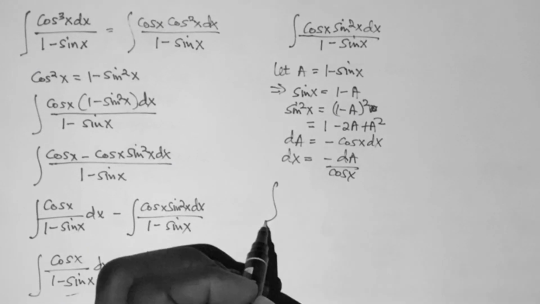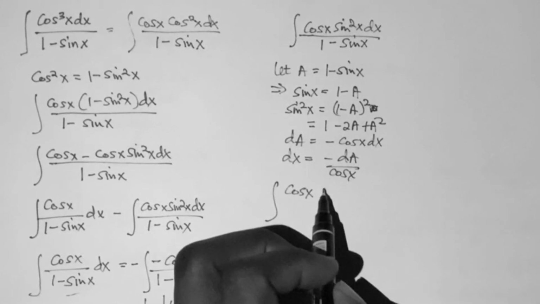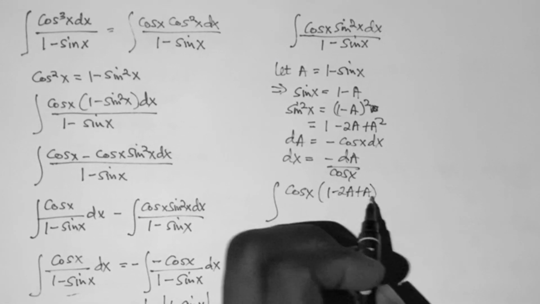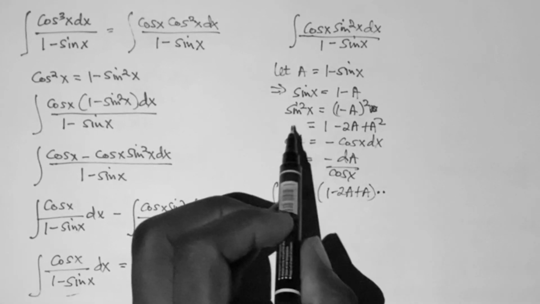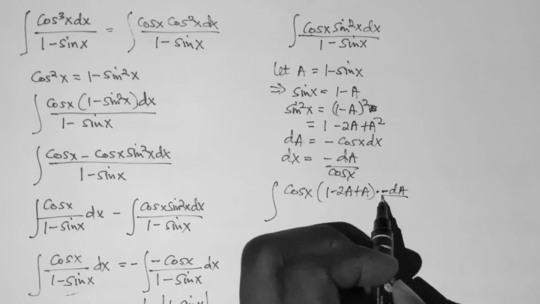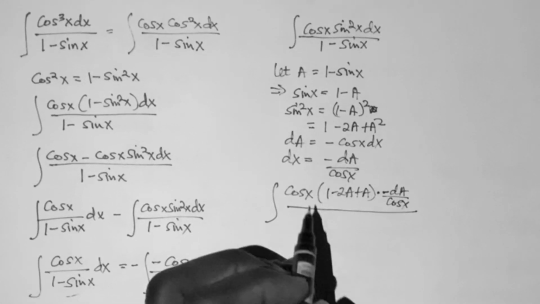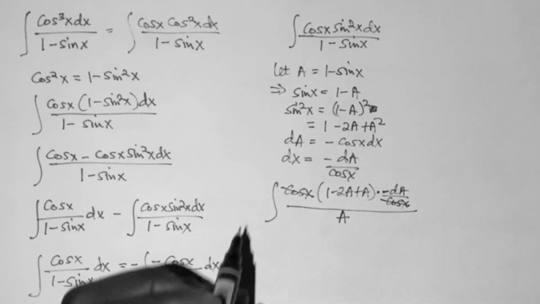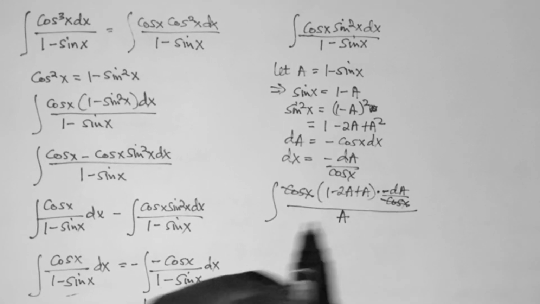So the integral becomes the integral of cos x, then sine squared x, which is 1 minus 2a plus a squared, then dx is minus dA over cos x, then divided by 1 minus sine x, which we said should be a. So this cos x and this cos x will cancel out. At the end of the day, there's a minus here, so let me pull out that minus.